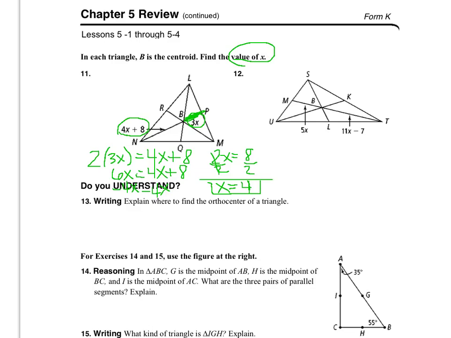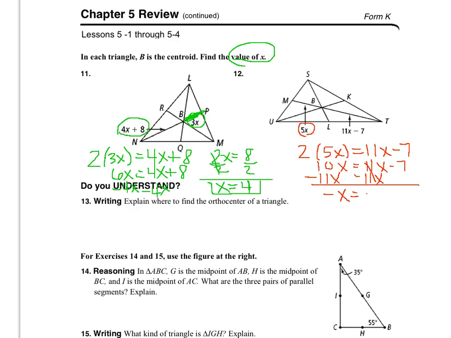So I'm going to do the same thing in my next problem here. My smaller piece is definitely this 5x. So 2 of my smaller pieces will get me my bigger piece. 10x equals 11x minus 7. Move my 11x. Because my 7's already by myself, this gets me a negative x, but that's okay.